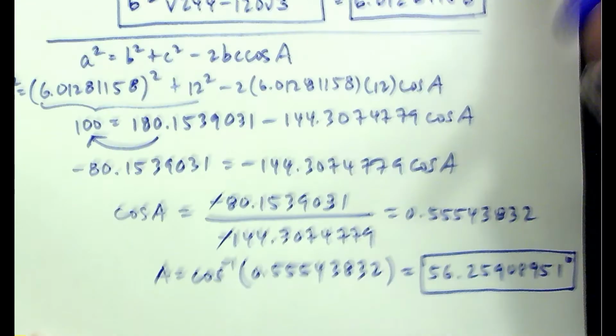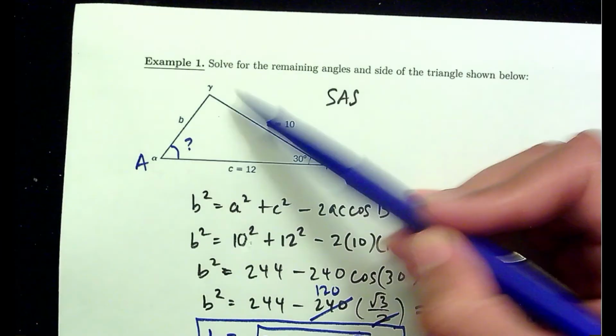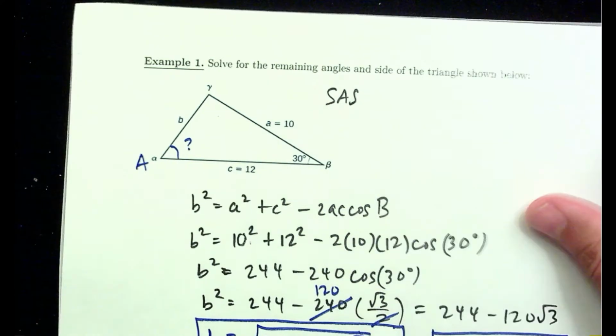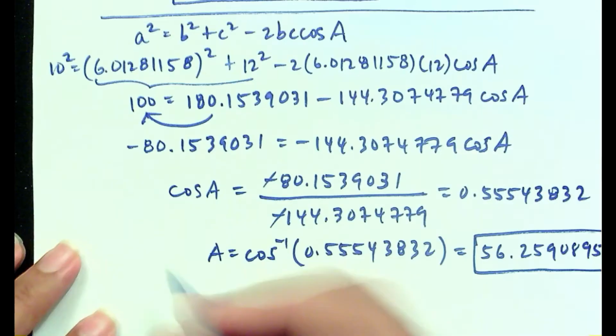Now we're almost done. We need to figure out just the last angle. If we go back to the picture, we got that, we got that, and the only thing missing is that. But if we have two angles, the third angle is really easy. It's just 180 minus the two angles.